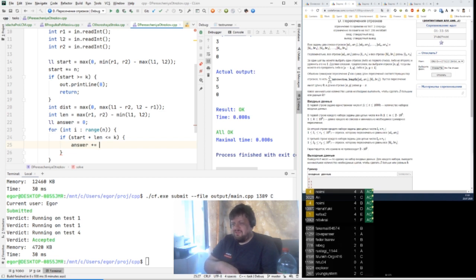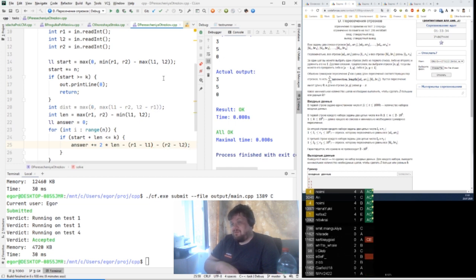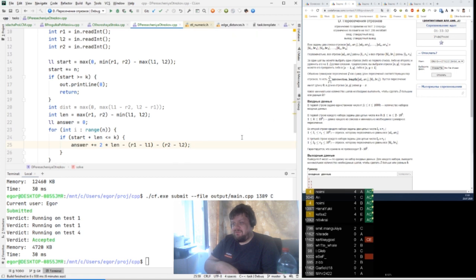If yes, we just do it, paying cost equal to 2 times len minus the sum of lengths of segments.